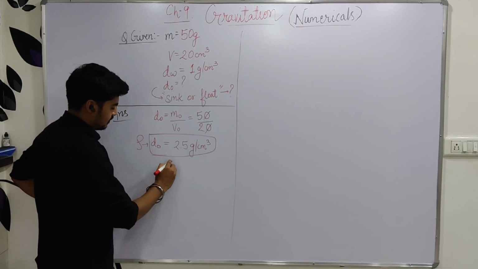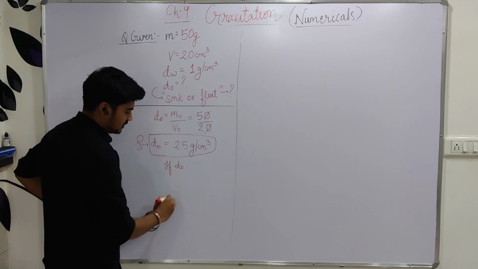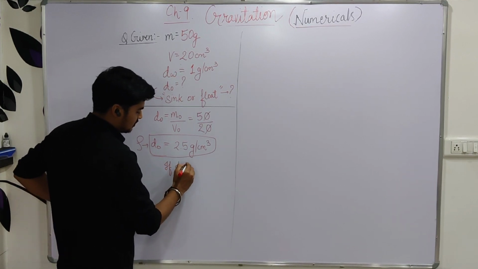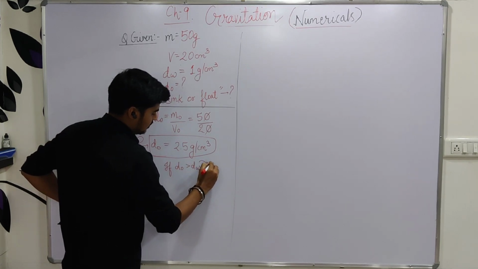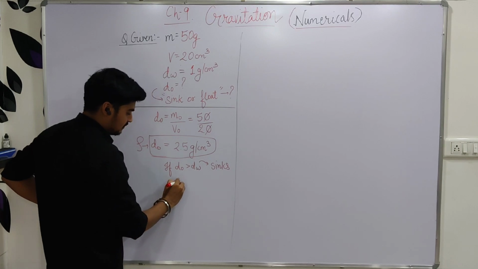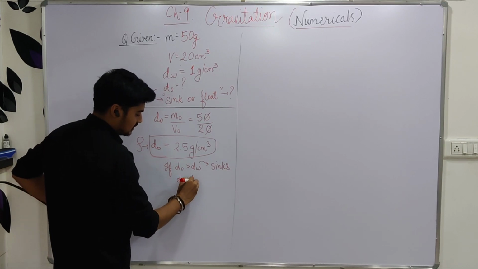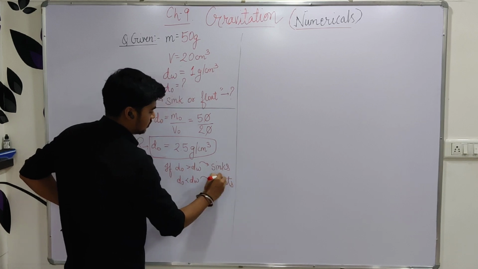Now, if the density of the object is greater than the density of water, then it sinks. That is the condition. And if the density of the object is less than the density of water, then it floats on the surface of water.